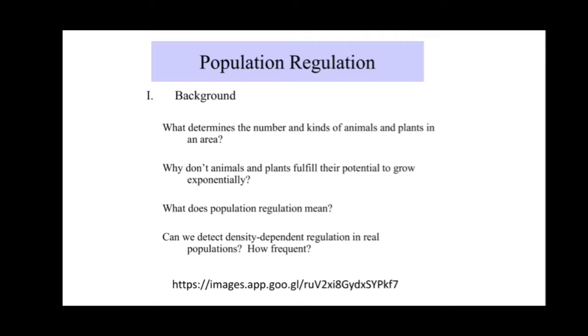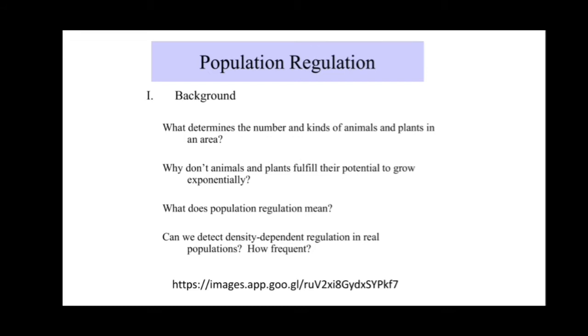The environment limits population growth by altering the birth and death rate. There are two factors: density dependent and density independent. What is density? The biomass, or the number of animals or plants that occupy a given area, is known as the density.